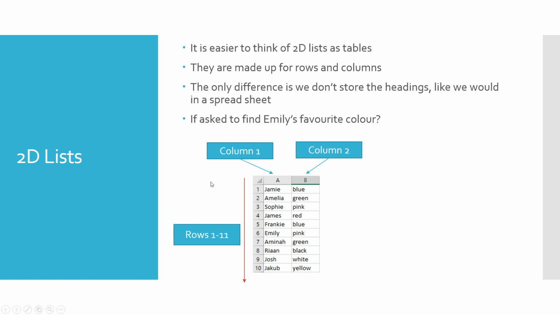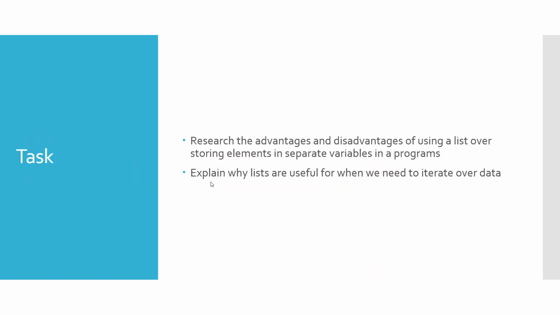And what I'd also like you to do is answer, why are they so powerful? Here we go. I did write it down. Research the advantages and disadvantages of using a list over storing elements in separate variables. So same question as last time, but more specific to a list. And also explain why lists are useful for when you need to iterate over data.